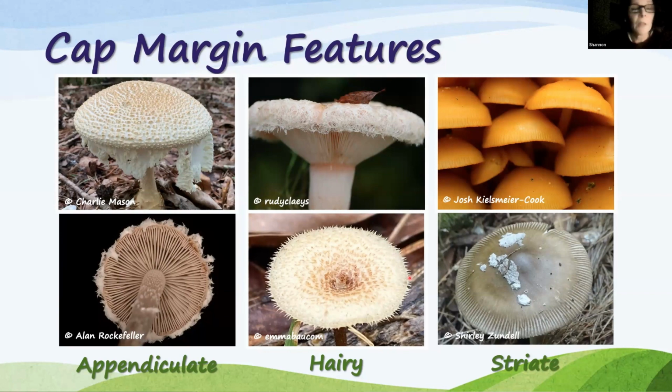In thinly fleshed species, like we see in the upper right-hand side of the slide, the gills are actually visible through the flesh, and these margins are termed translucent striate. If you were to rub your finger over the margin, they would feel smooth. There's no edges or grooves to be perceived.